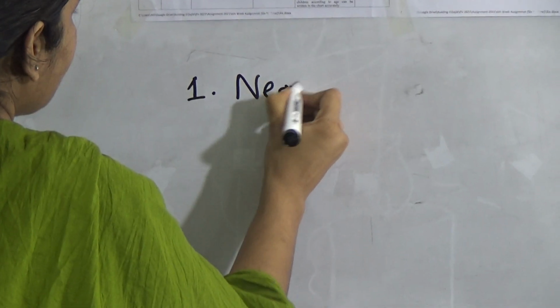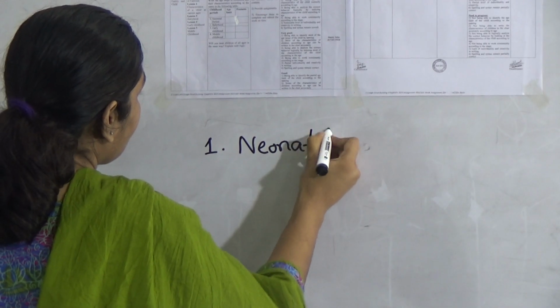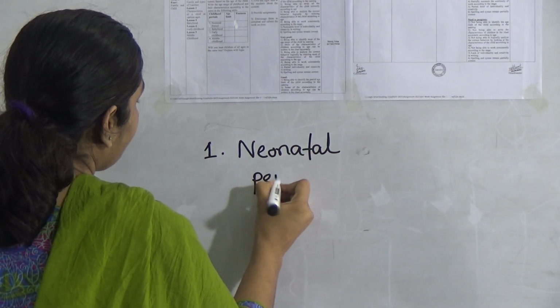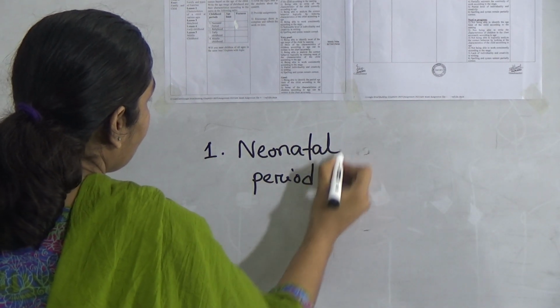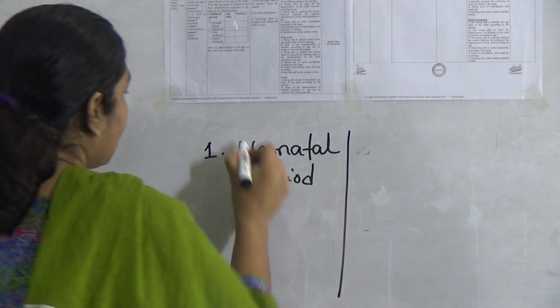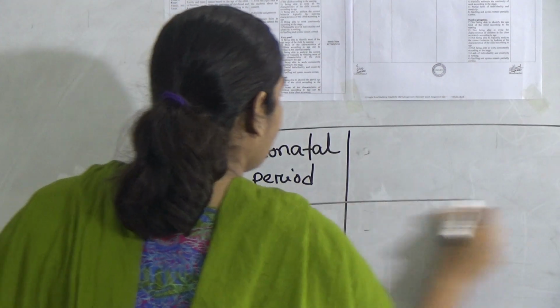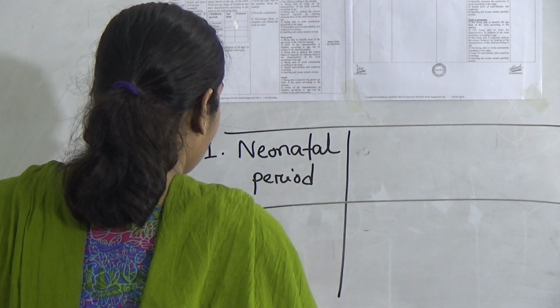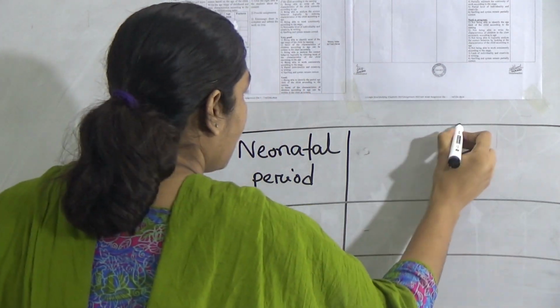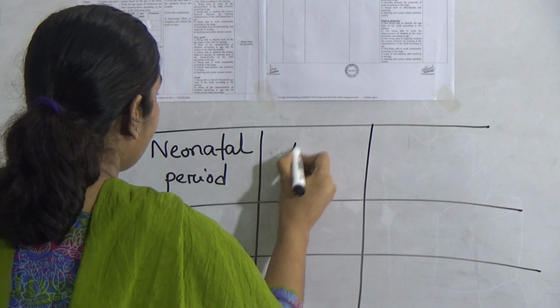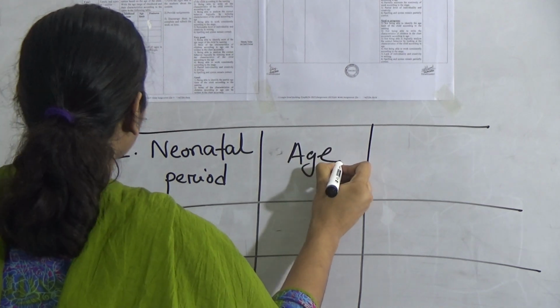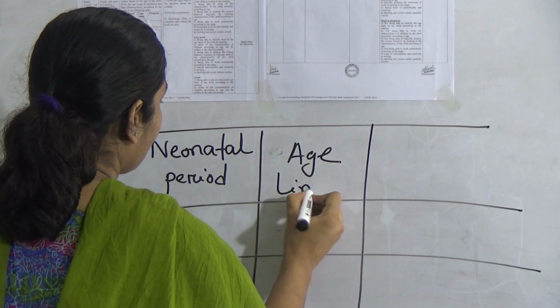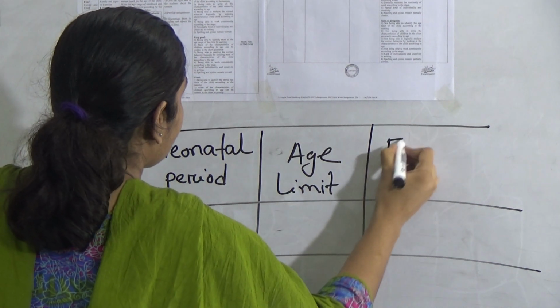First one is neonatal period. So you have to write here like this. You can give here the row, age limit and features.